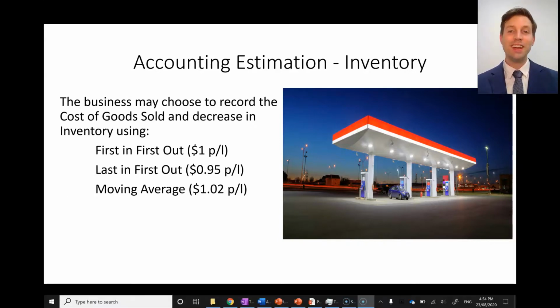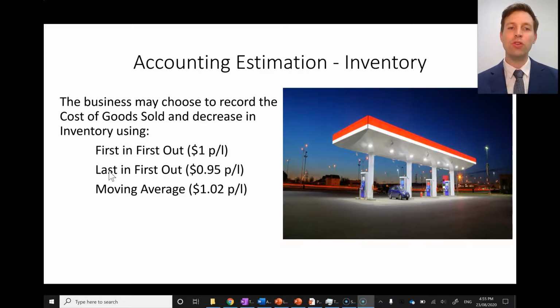The accounting regulation gives the business owner multiple different ways of recording this cost of goods sold and decreasing inventory from the sale. First, they're allowed to choose a method called first in, first out. That would make the assumption that whichever inventory you purchased first is sold first. So in this case, the petrol that was purchased at $1 per litre is sold to the customer who's coming on Saturday, our first customer.